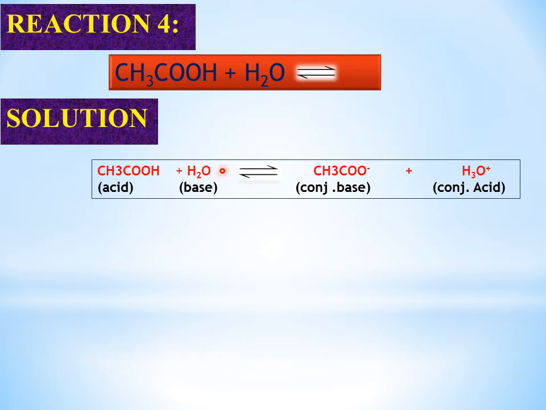Okay, so now when this negatively charged oxygen attacks the proton and gets this proton in the form of positively charged hydrogen ion, this molecule will get a negative charge and will act as an acetate ion, and this will be the conjugate base of this acetic acid. And now when water gets this proton, it will become a hydronium ion, and this will be the conjugate acid of this base.